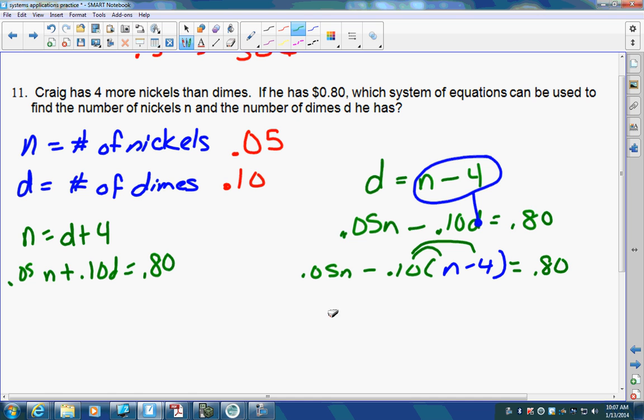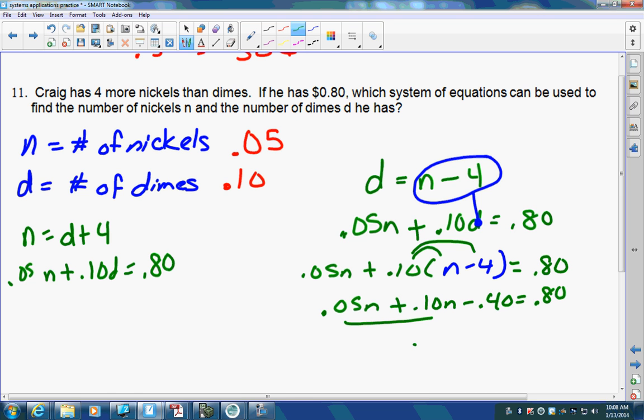And I don't know what I'm seeing on the other one that's why it's not working. But anyway, when I go to do this, I get negative. Oh, no, wait. Why am I putting negative? Guys, my brain is gone here. Negative 0.10n minus 0.40 equals 0.80.